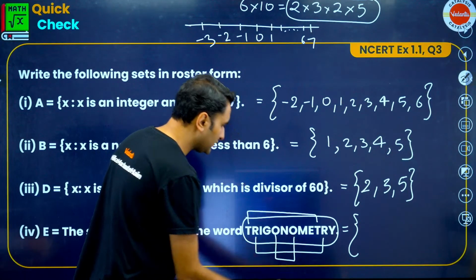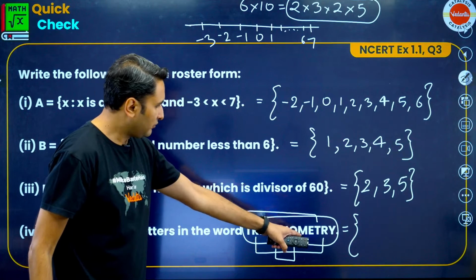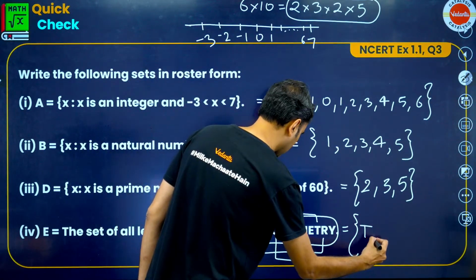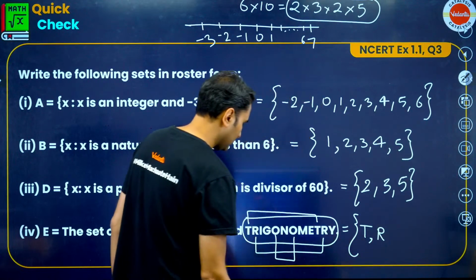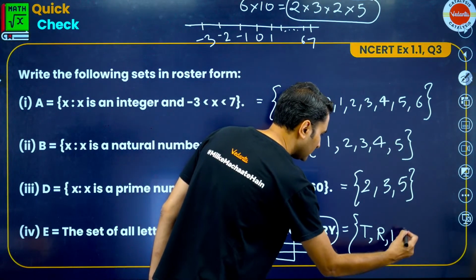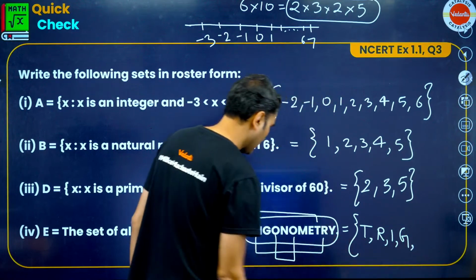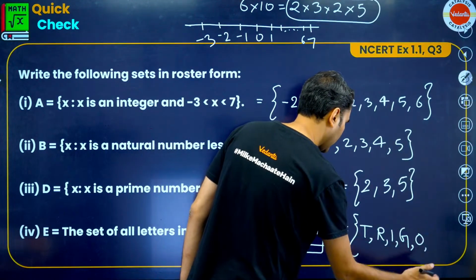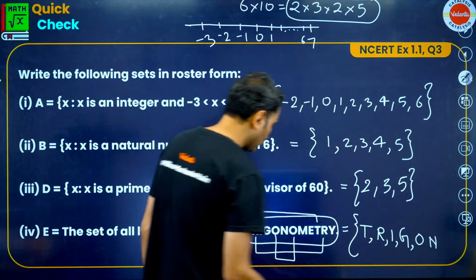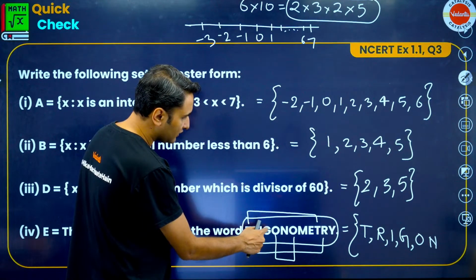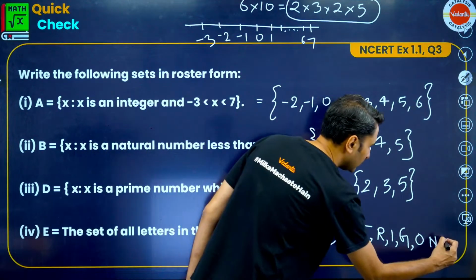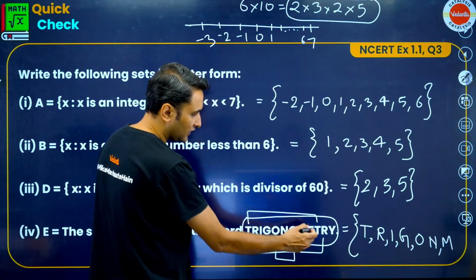I'll write it only once. N, M, E. So what will happen? T, R, I, G, O, N. O repeated. M again unique, right? E unique.